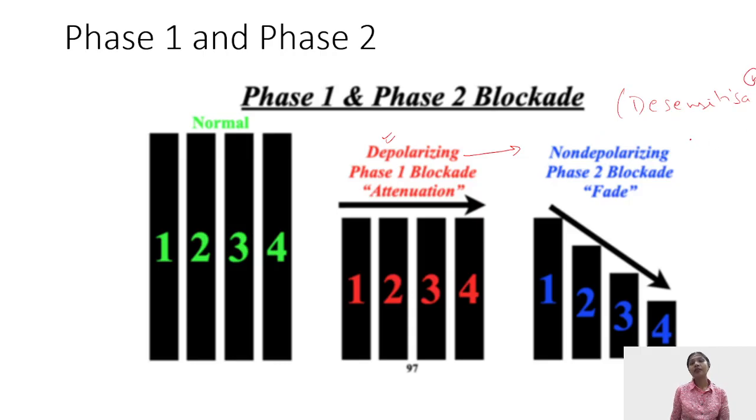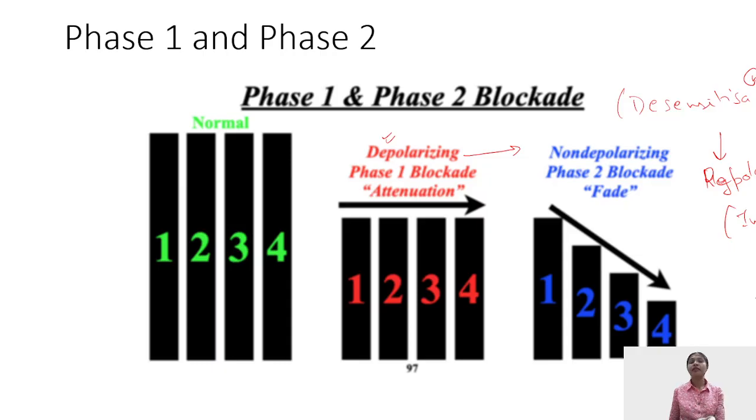Okay, what happens in the desensitization phase? Even after the muscle or the nerve has repolarized, it is still insensitive to the action of acetylcholine, and it happens under the condition of excessive use of scoline, or secondly if the patient is suffering from pseudocholine esterase deficiency.